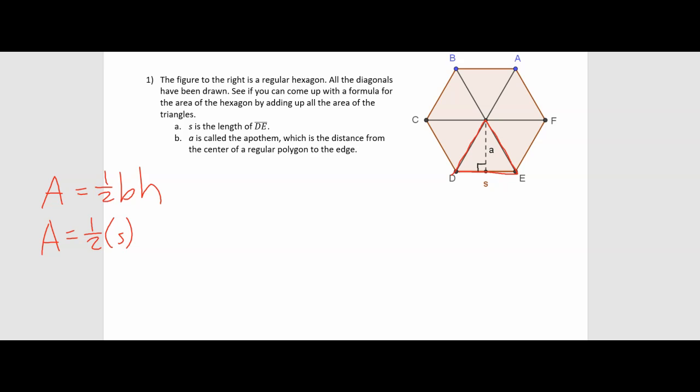Again, I just want you to be familiar with the vocab if you see it. An apothem is the perpendicular distance from the center of a polygon to one of the edges. So our height here, we're just going to call a, which means that the area of this red triangle is 1/2 times the length of a side times the apothem.